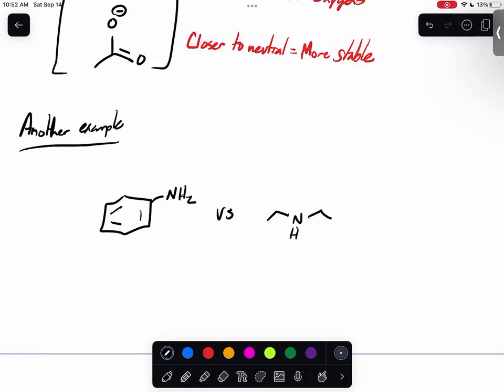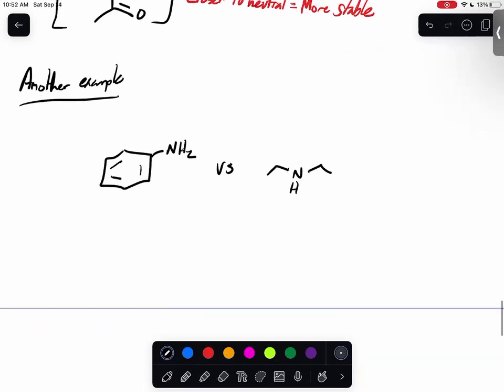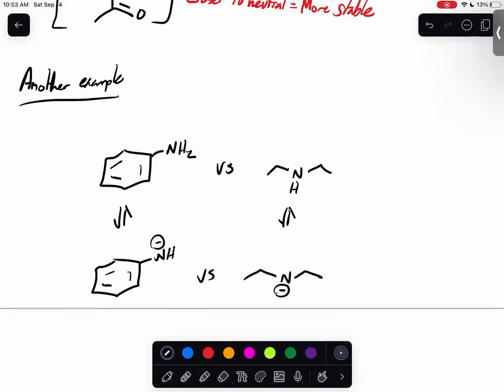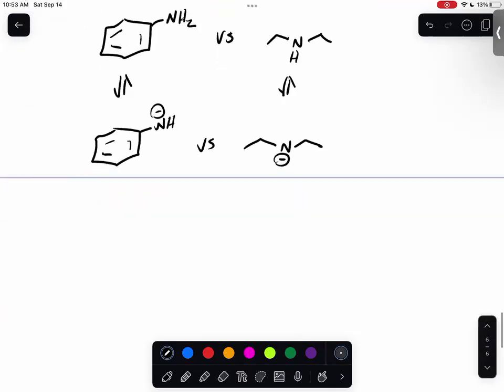If we were to make the conjugate bases of these two compounds, we would end up with this NH minus and this N minus, and we have to ask ourselves which is more stable. Well, the one on the left can actually perform resonance. It can make a pi bond here, break that pi bond, move it over there. In doing so, it's sharing its negative charge with a carbon.